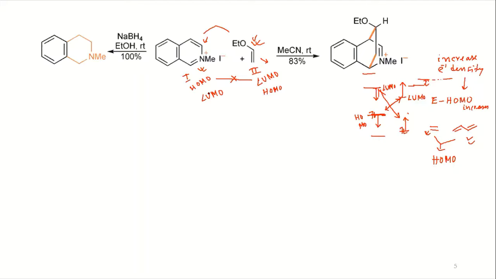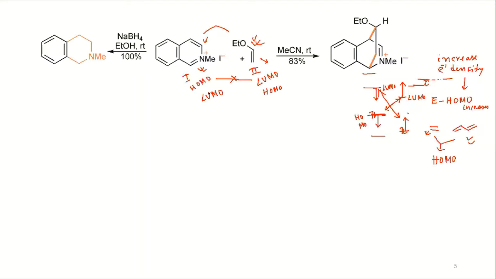So this one we call the reverse Diels-Alder reaction. Reverse Diels-Alder, opposite. In the general Diels-Alder, we generally see the diene acts as HOMO and dienophile acts as LUMO.